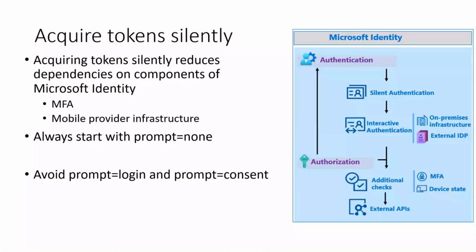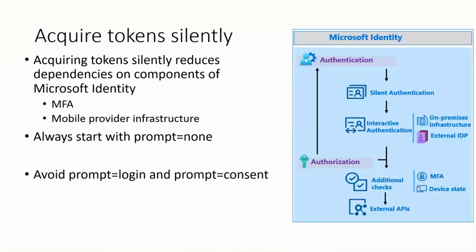And now I'm not just reliant on making one network call to get a token, but I'm reliant on the user UI popping up, the MFA service being up, the infrastructure to the phones all being up, the response times, etc. All of that can happen because I didn't ask to acquire a token silently. When, again, we might have been able to do that because you've got your refresh token, or even just asking for the prompt equals none to begin with.